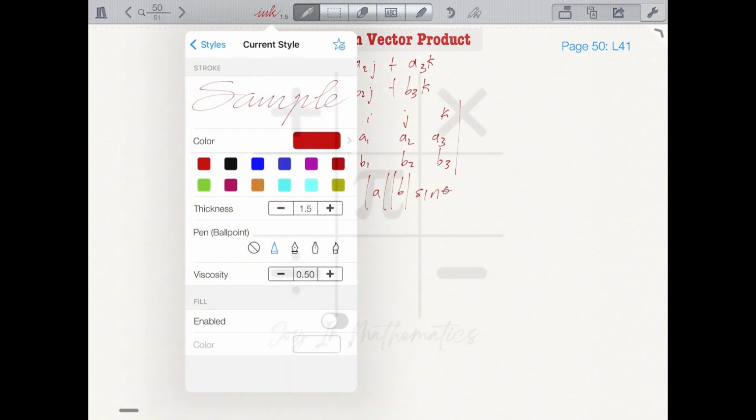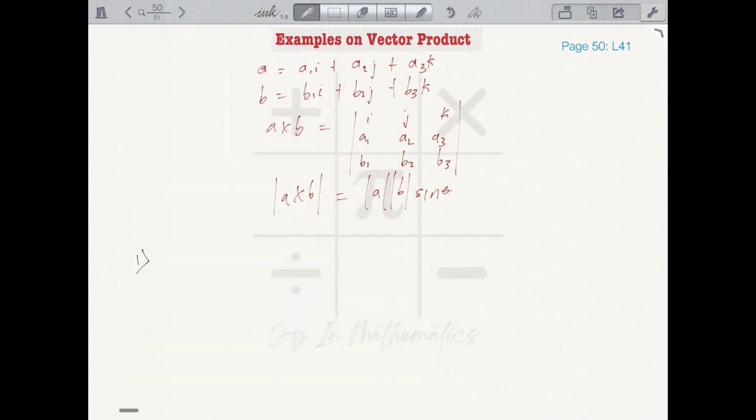Let's take an example now. We're given that A equals 4i minus 3j plus 2k. Likewise, B equals i plus 2j minus 5k. From here, we can see that this is a1, a2, and a3, likewise b1 which is 1, b2 which is 2, and b3 which is minus 5.